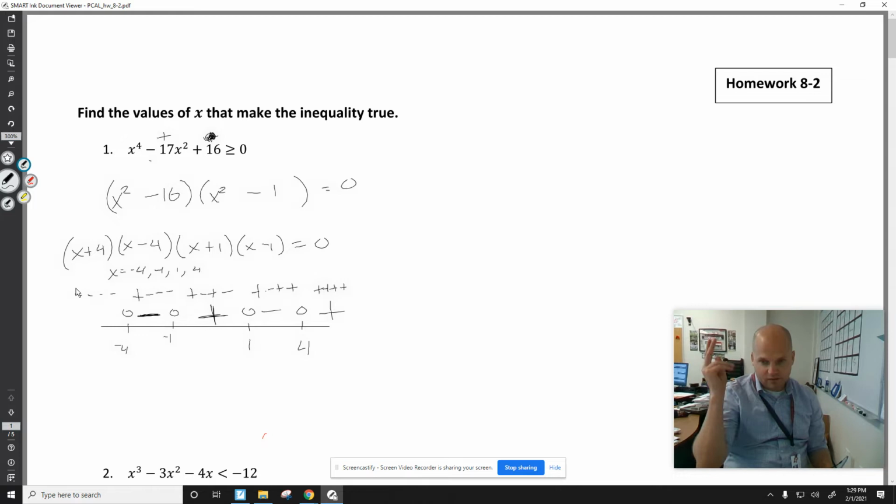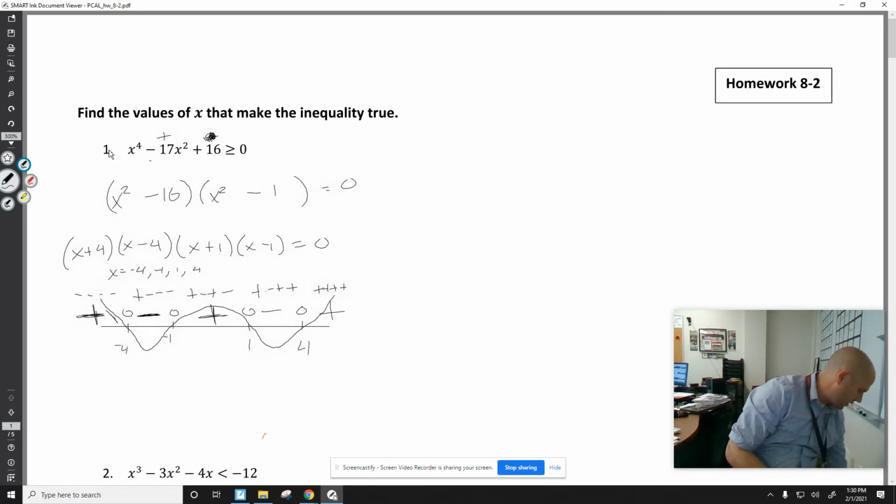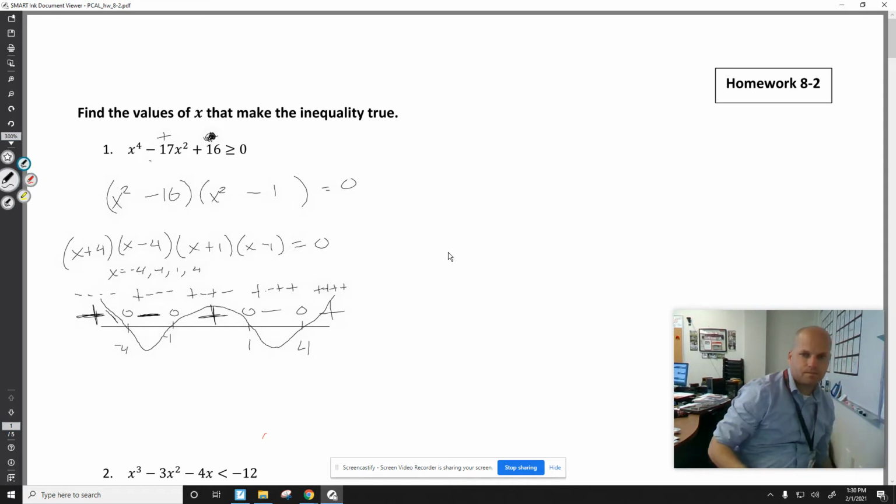But a negative times a negative times a negative times a negative ends up being a positive. Right? Positive times a negative is a negative, times a negative becomes a positive, times a negative becomes a negative. Or again, multiplicities passing through. Or you can think about the graph of x to the fourth, opening upward, up, pass through, pass through, pass through, pass through. Positive values, negative values, positive value, negative value. Okay. Next one.